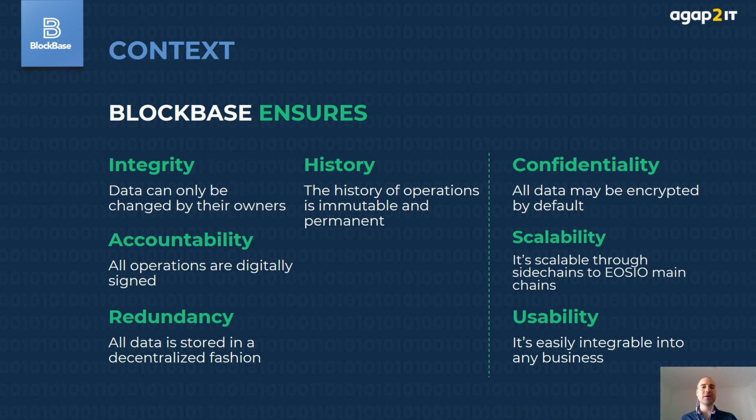So let's say one company wanted to use BlockBase technology, then the BlockBase network would spin up a sidechain for that company, and that sidechain would be provided by a subset of nodes of the network. And in fact, the company requesting that sidechain would specify how many nodes it required.